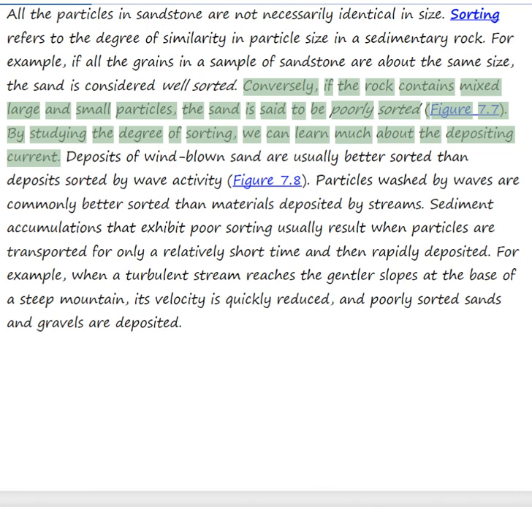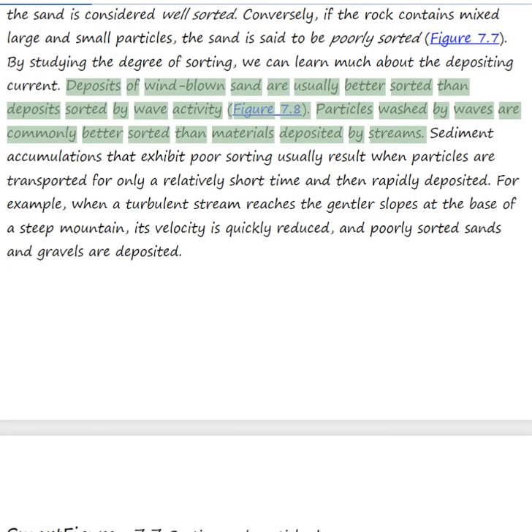Conversely, if the rock contains mixed large and small particles, the sand is said to be poorly sorted. By studying the degree of sorting, we can learn much about the depositing current. Deposits of wind-blown sand are usually better sorted than deposits sorted by wave activity. Particles washed by waves are commonly better sorted than materials deposited by streams.